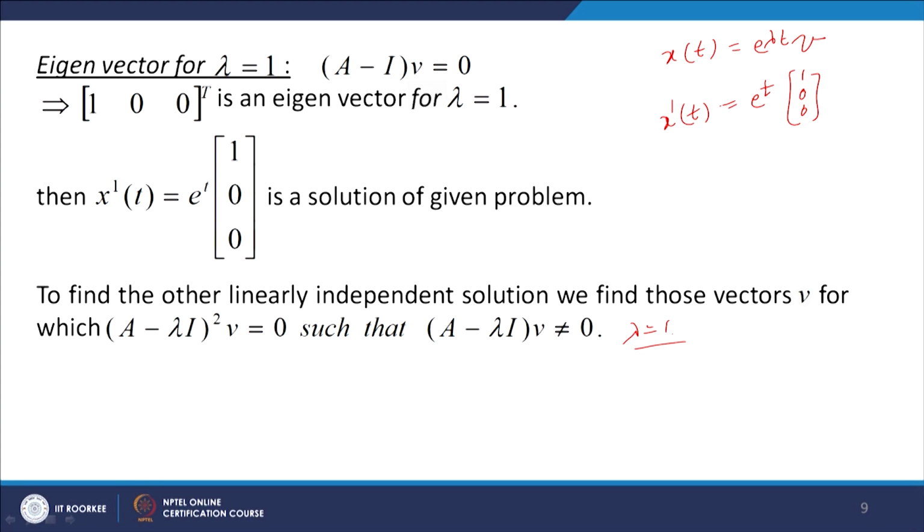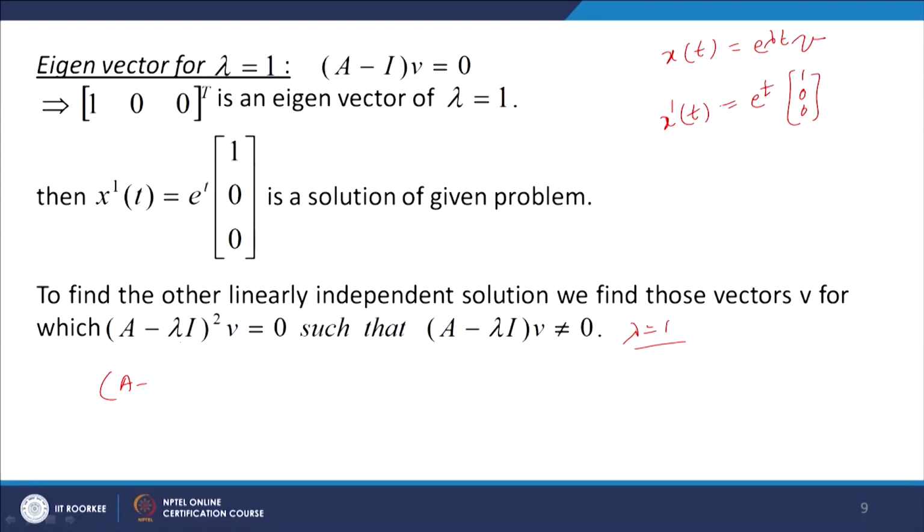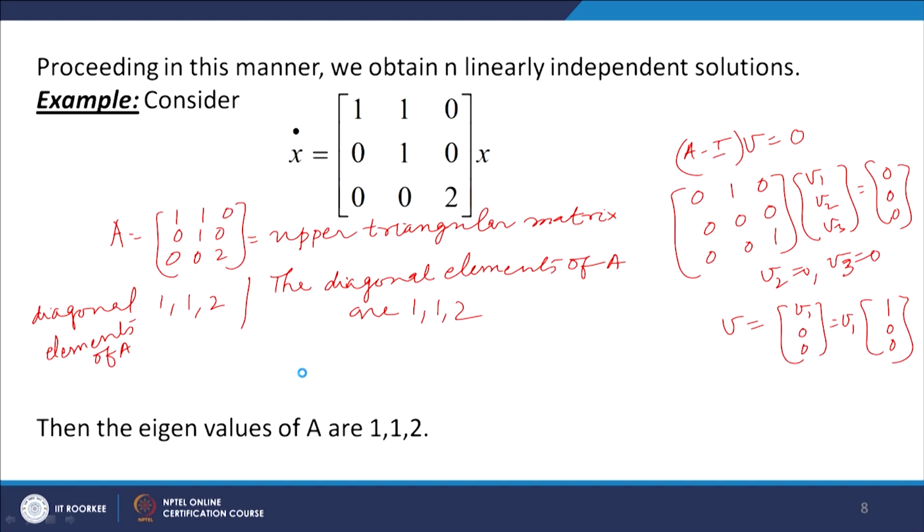So, let us find (A minus lambda I) whole square, lambda is 1 here. So, (A minus I) whole square B equal to 0. If you write the A minus I matrix, it is (1 1 0; 0 1 0; 0 0 2) and you multiply by (1 1 0; 0 1 0; 0 0 2).